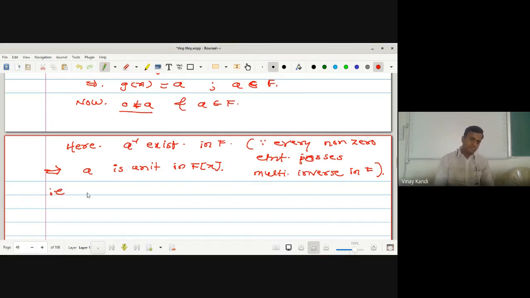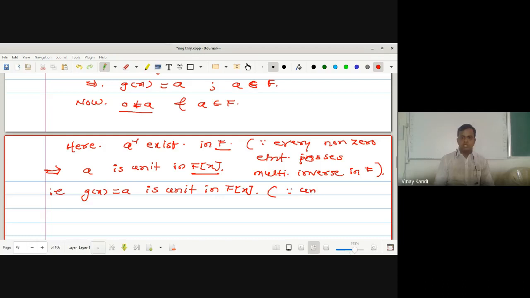Okay, that is g of x is equal to a is unit in capital F of x. Okay, F चे युनिट आणि F of x चे युनिट काय असतात? सारखेच असतात, सेम असतात. That is, the g of x is equal to a is unit in F of x.